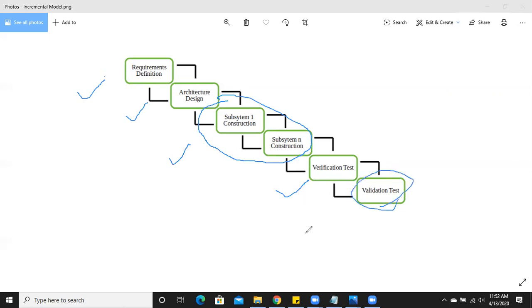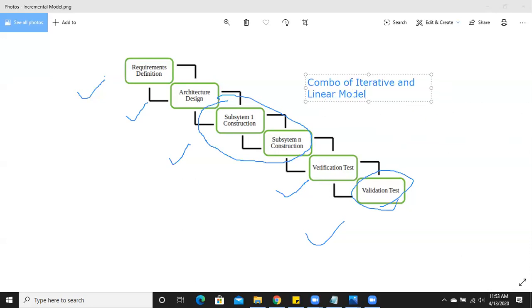Okay, consider all these things. So as I have said earlier, it is the combination of the iterative model and the linear model, right?